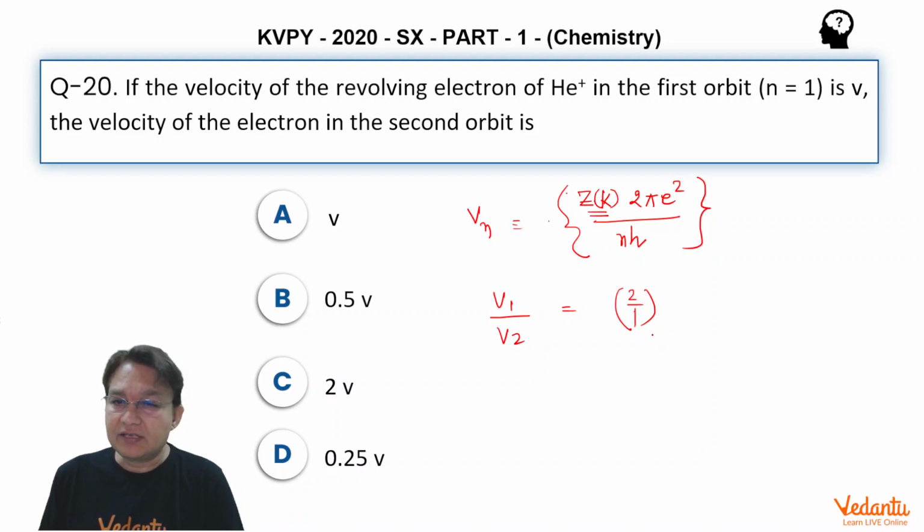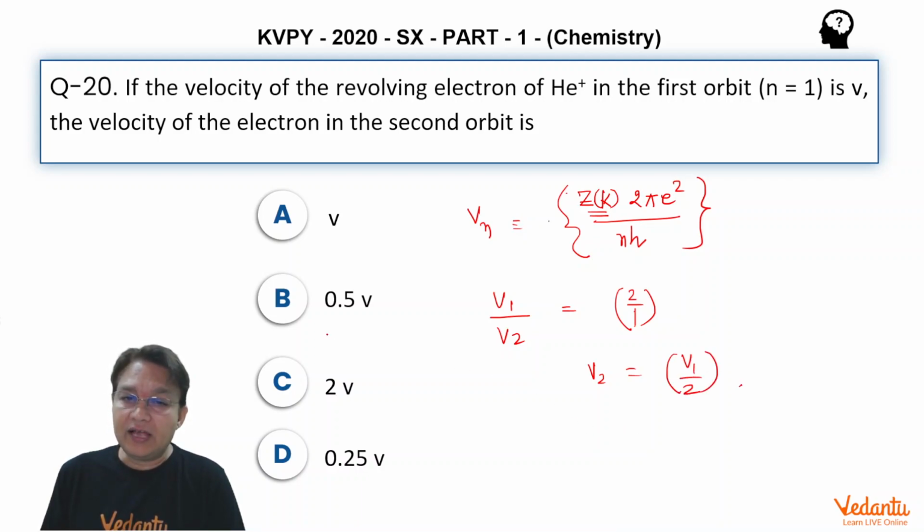So the answer is v2 equals v1 upon 2, which is option B.